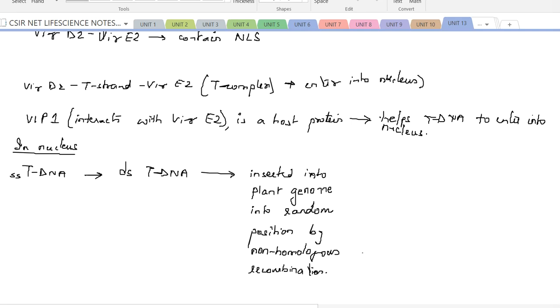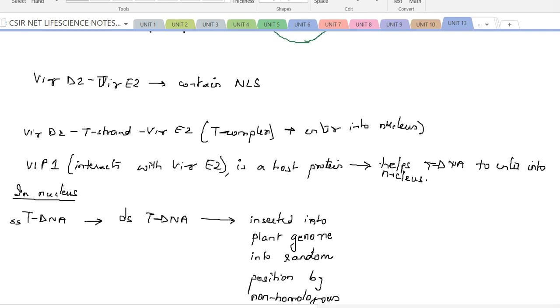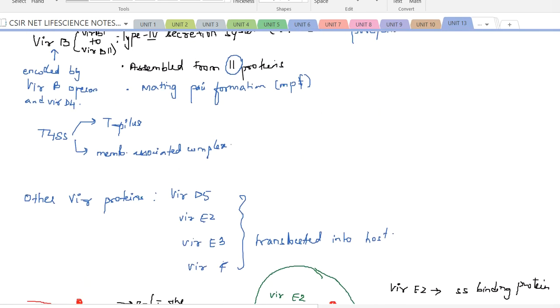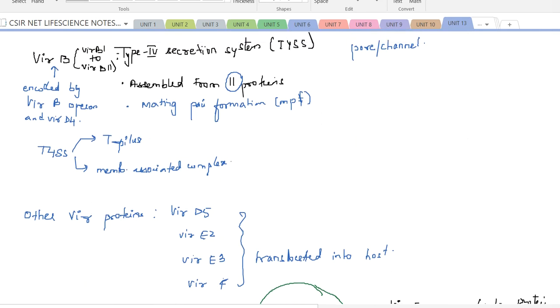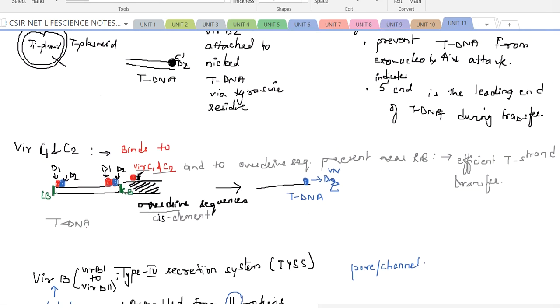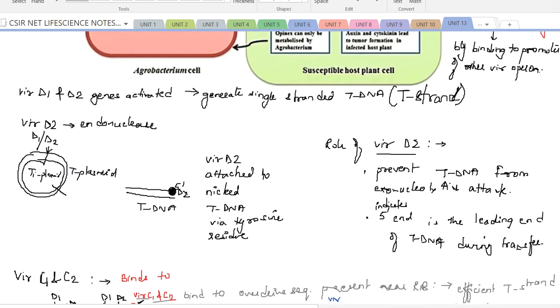So if we revise what we studied till now, we studied the agrobacterium mediated transformation in plant cell. At first, there were two genes, VirA and VirG, which were constitutively expressed.